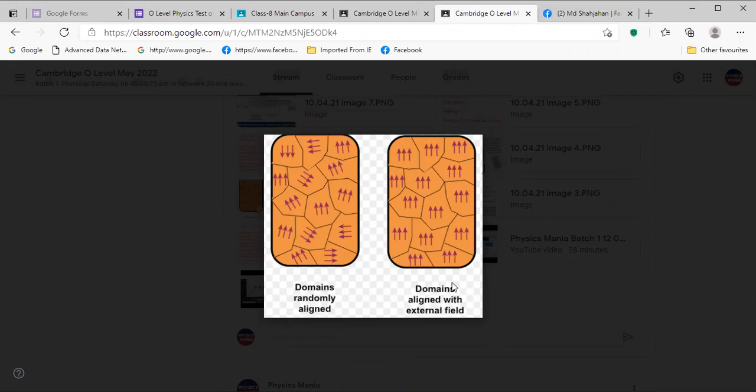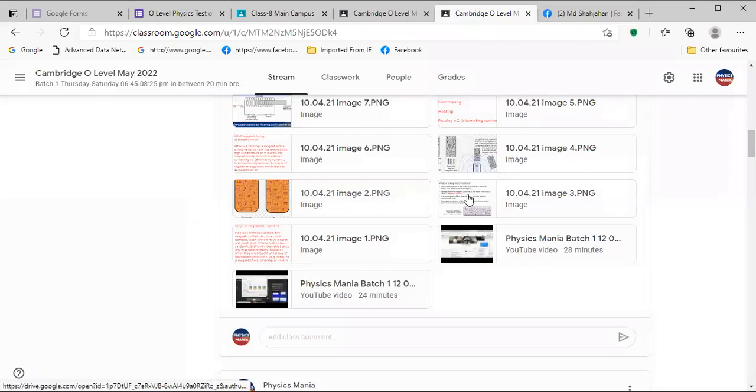External field means a magnetic field that can be from any magnet, a permanent magnet, or from any DC current, or by the stroking method. By induced magnetism, by stroking, by DC power supply, we can make a magnet. We can magnetize the magnetic material.